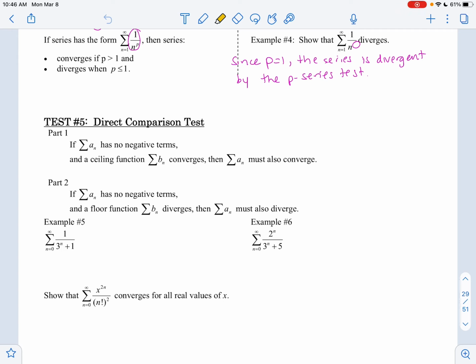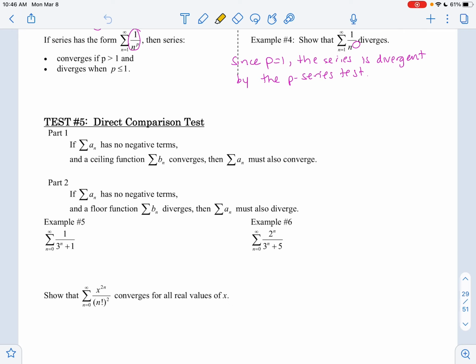So those two visualizations will help you use the direct comparison test to make a conclusion about series that might sound familiar to you, but don't fit the mold of what we're used to for a geometric series or a P series.